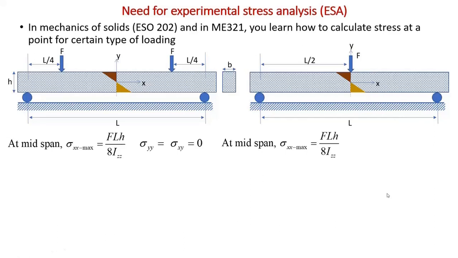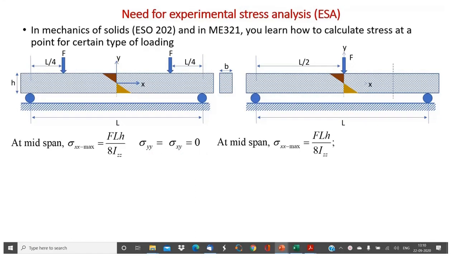Hence, the other two components of stress, sigma yy and sigma xy, are 0. Now, if you look at the second beam on the right hand side and draw the shear force and bending moment diagram, you will notice that the bending moment varies as you move from one support to the mid-span.